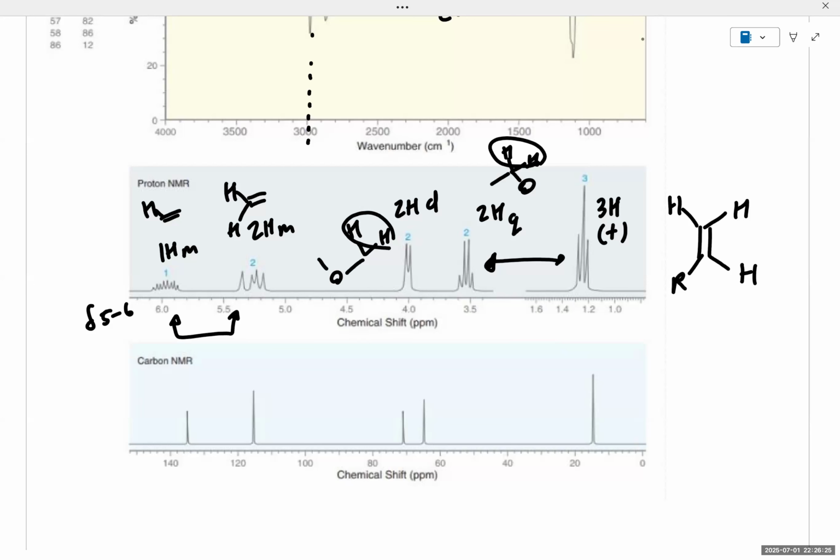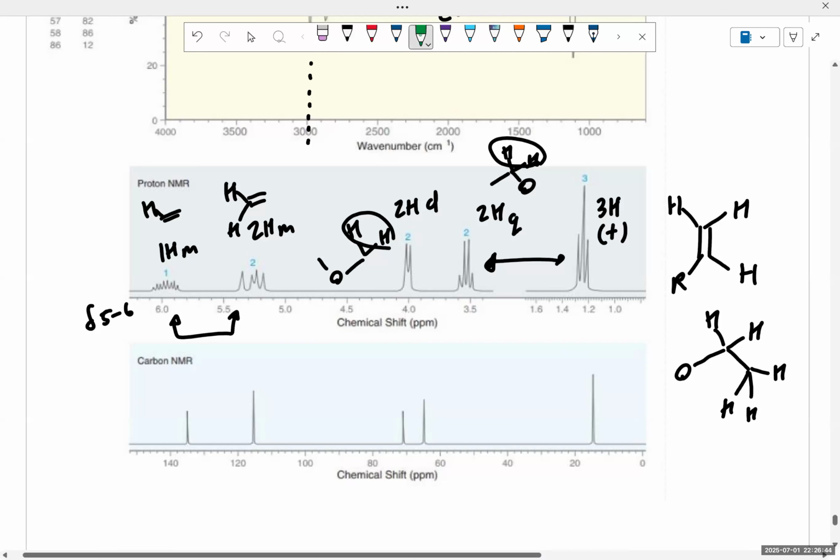Putting together our fragments, we have a CH2 group that's adjacent to this CH3 group via coupling. So that tells us we have an oxygen adjacent to that CH2 group, and that CH2 group is adjacent to a CH3 group. On the other side, we have another CH2 group attached to a carbon attached to an oxygen.